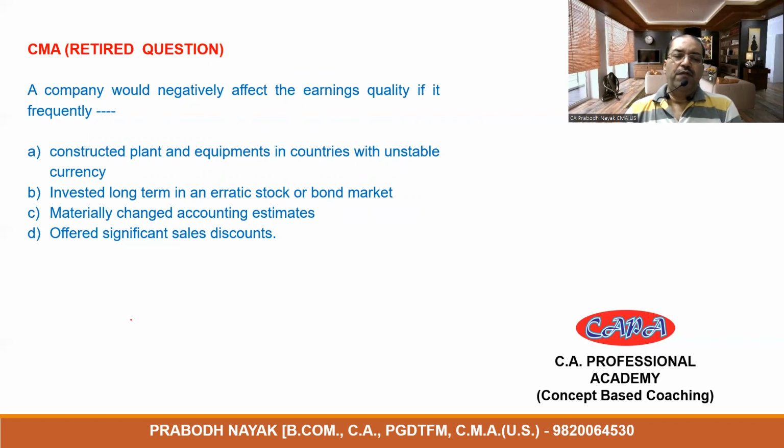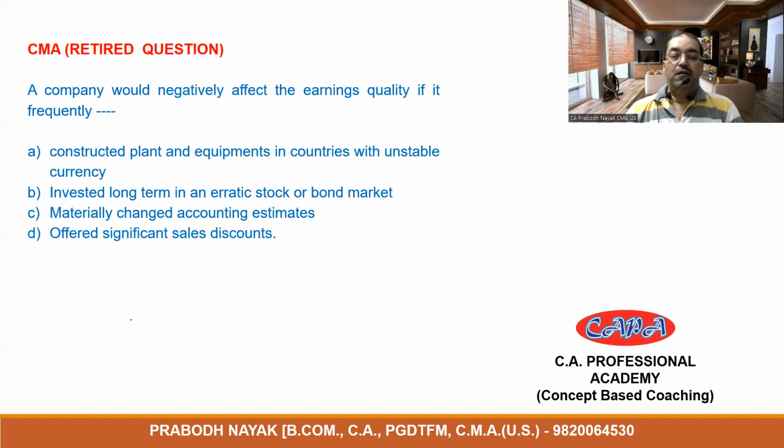Earnings quality will be affected if it frequently constructs plant and machinery in unstable countries, or invests in erratic stock market or bond market, or materially changes its accounting estimates, or offered significant sales discount.